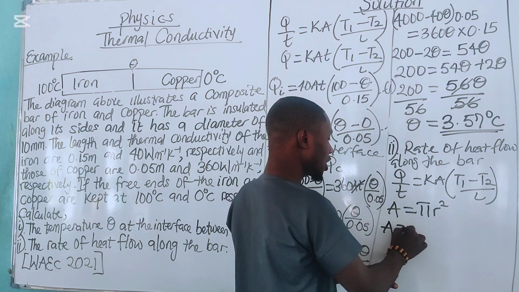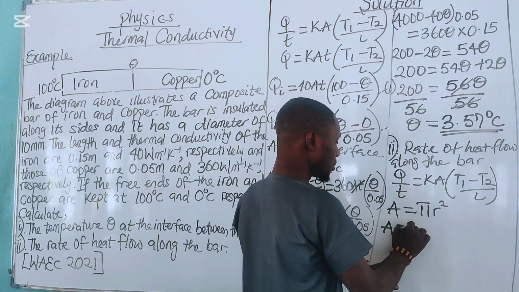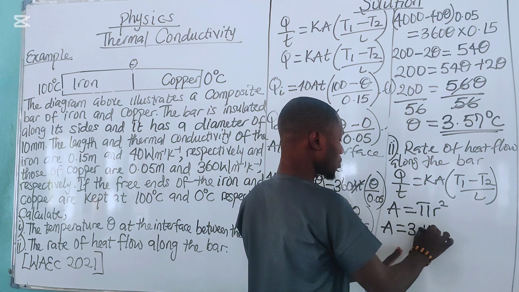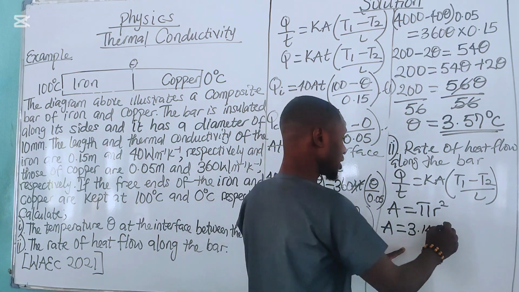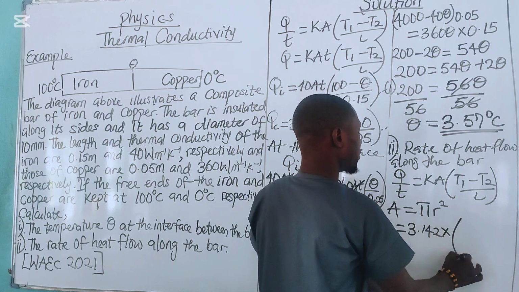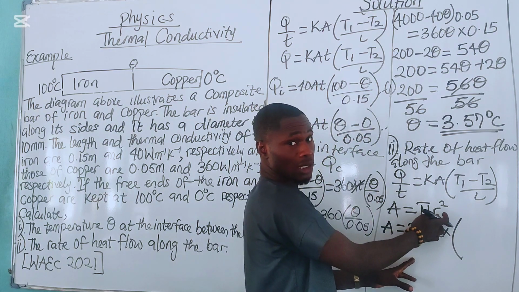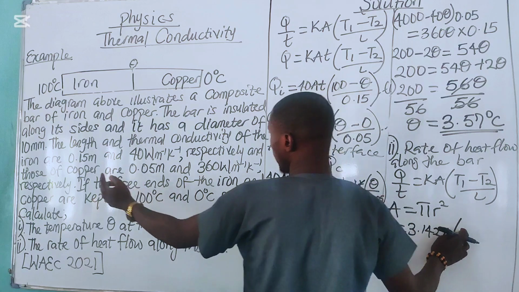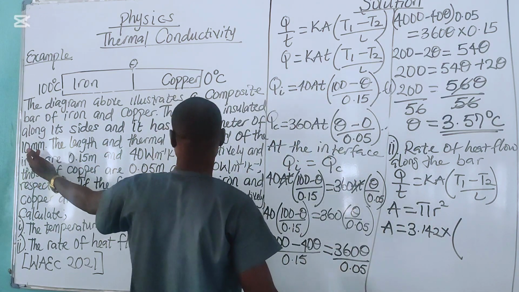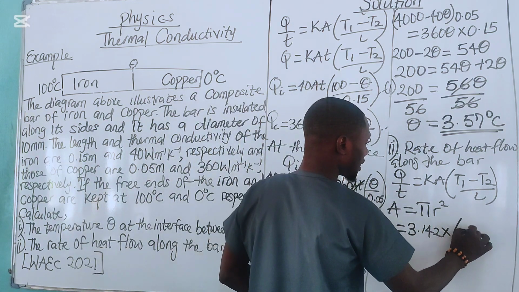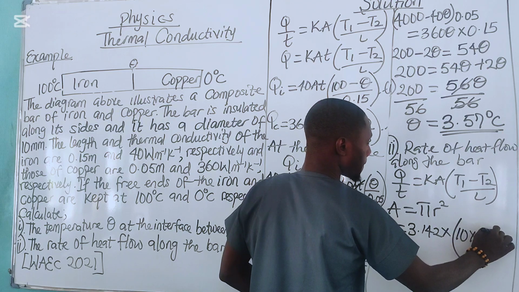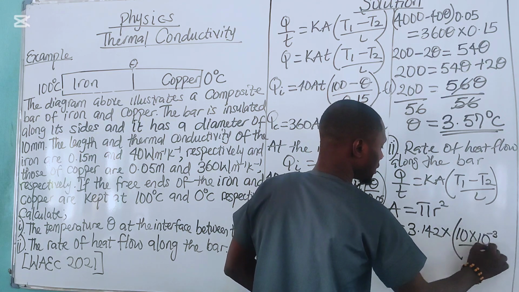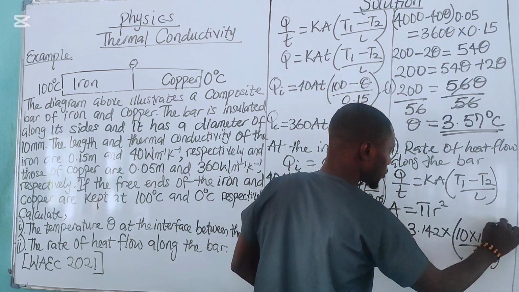So our area will now become pi, which is 3.142 or 22 over 7, it's still the same thing, multiplied by the radius, which is half of the diameter. The diameter is 10 millimeter, that is 10 times 10 power minus 3, divided by 2, all squared.